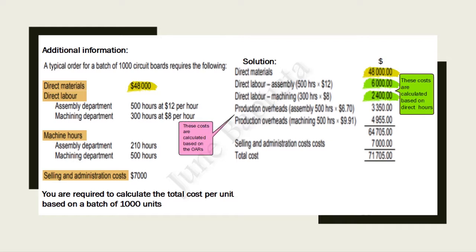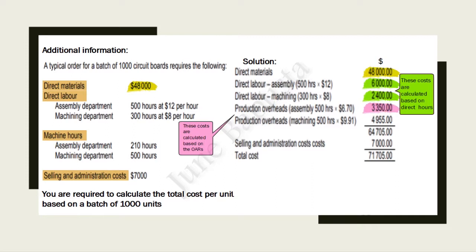Production overheads, however, will be calculated based on the overhead absorption rates calculated in the previous slide. Production overheads for the assembly department, which is labor intensive, we will take the labor hours over there of 500 hours, multiply that by the OER of 6.70 to give you a total of $3,350.